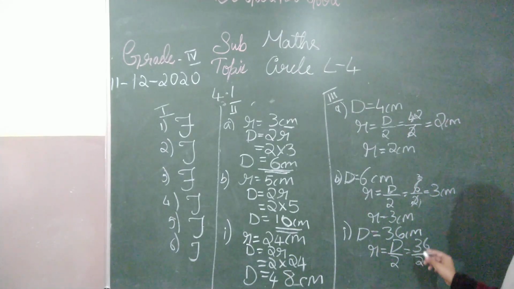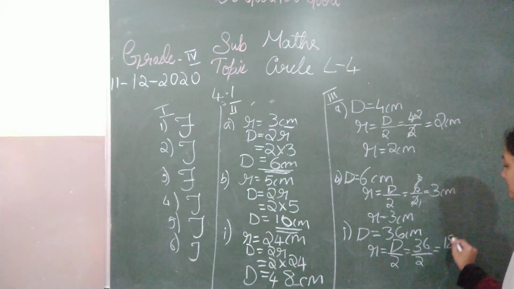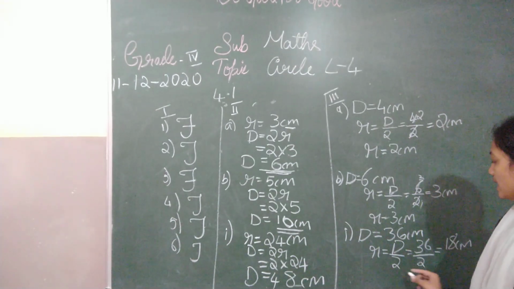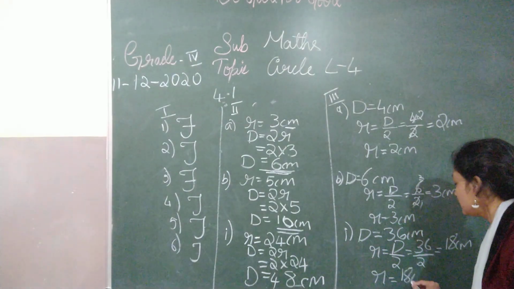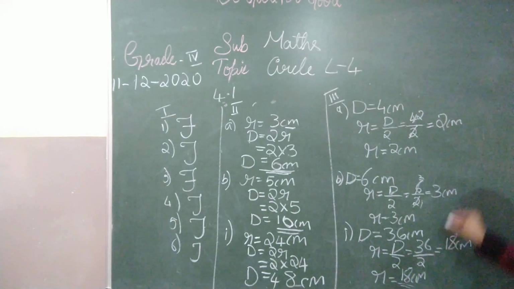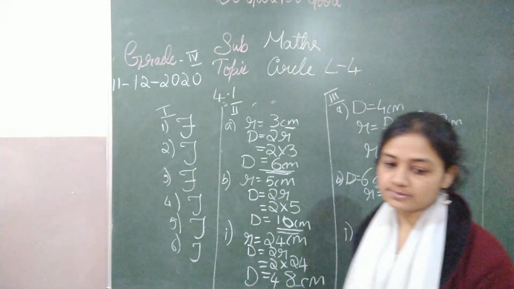When you divide 36 by 2, the answer you get is 18 centimeters. So the answer here is R is equal to 18 centimeters. So this is how you find the radius. I want you to try the rest of the sums. Now let's go for the next main.